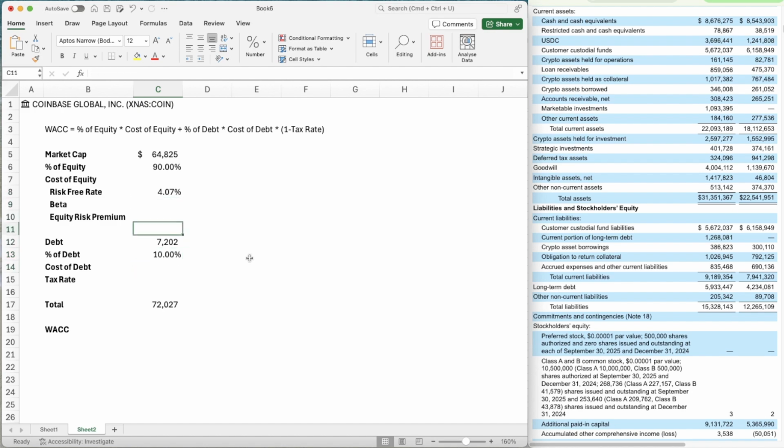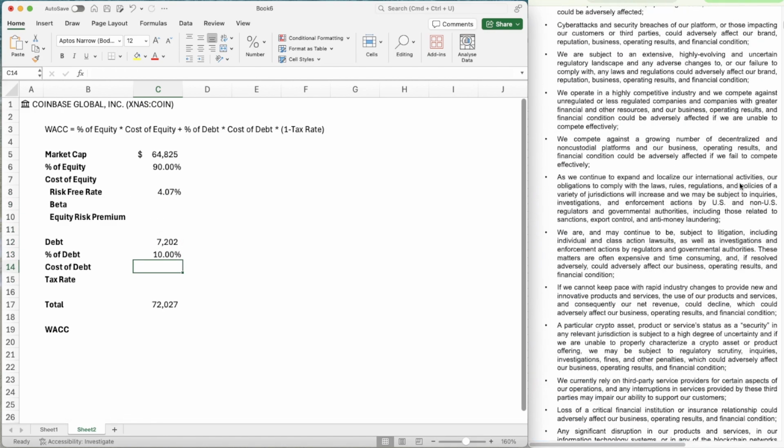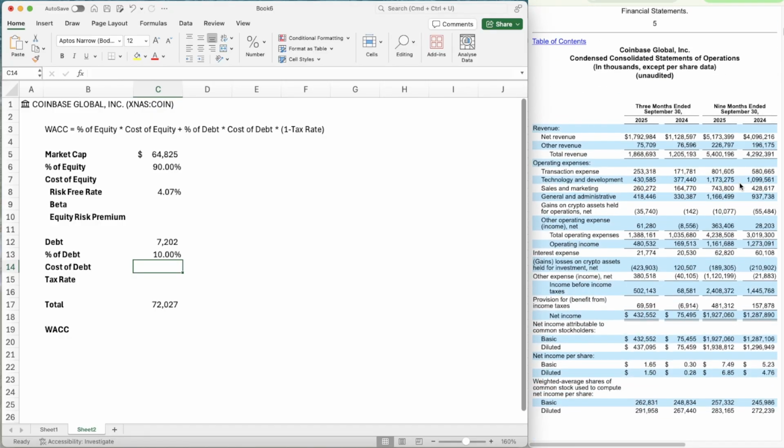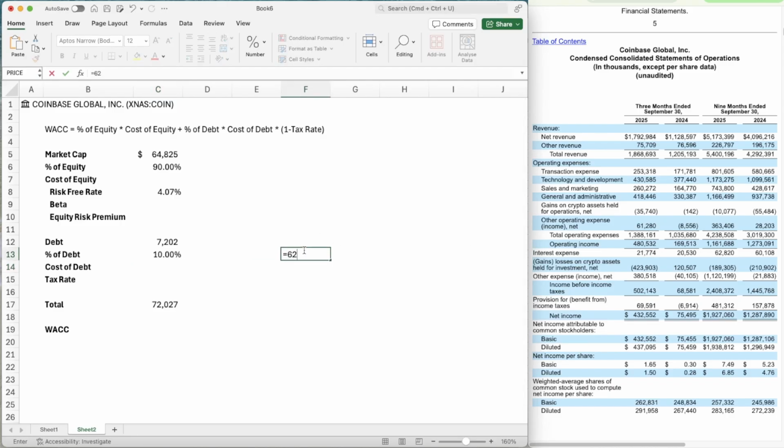Then the cost of debt and interest paid. Yeah, they do. So let's just do 62,820 divided by 3 multiplied by 4 to get an annual amount for that. 83.76, multiplied or divided by the total debt.